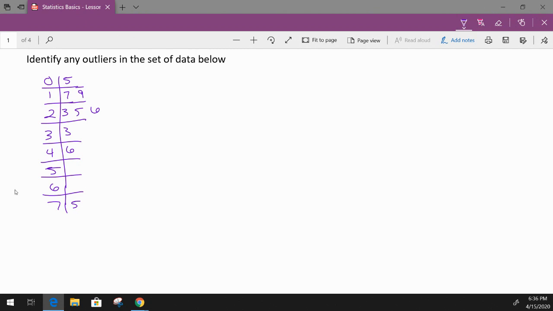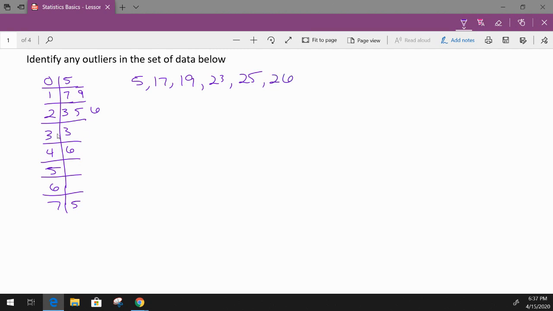It could look like a table or not, but if I were to list the data set that comes from the stem and leaf plot, 0, 5 is just the number 5. 1, 7 is the number 17. 1, 9 is the number 19. 2, 3 is the number 23, and then there's a 2 with a 5, so that's 25. 2 with the 6, so that's 26.